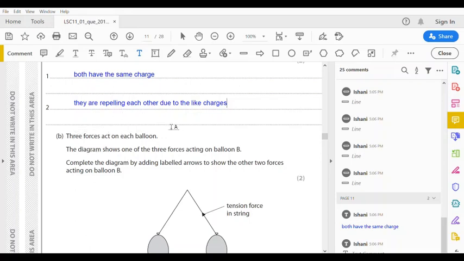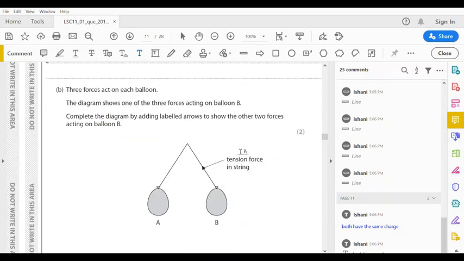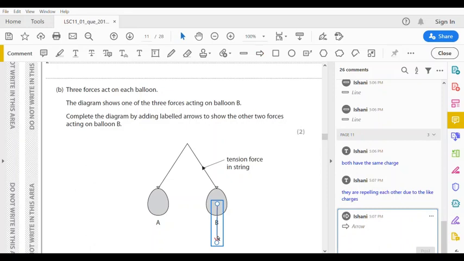Three forces act on each balloon. The diagram shows one of three forces acting on balloon B. Complete the diagram by adding labeled arrows to show the other two forces acting on the balloon. So we'll use this arrow. First one is the weight acting. When you're marking, it's better to start from the center of this balloon and go downwards like this. So it will be the weight, and there should be another force which is electrostatic repulsion.